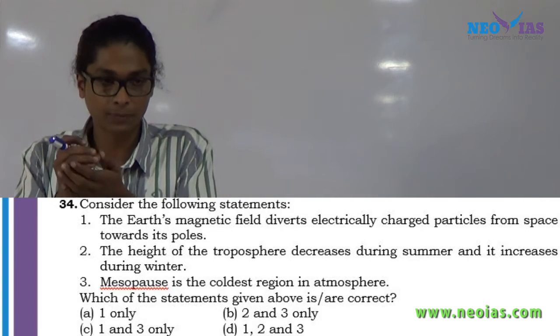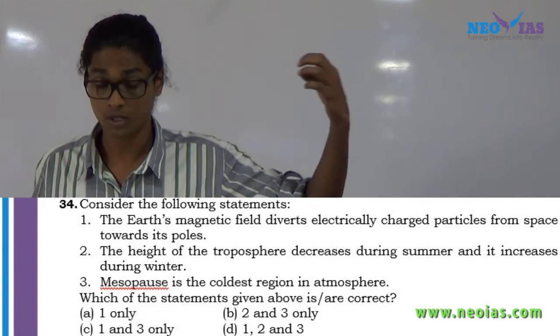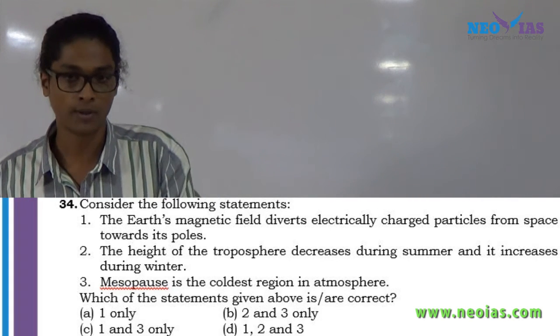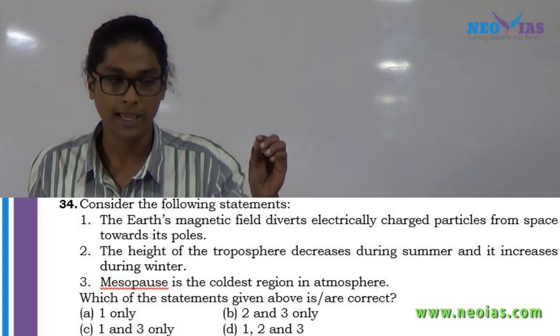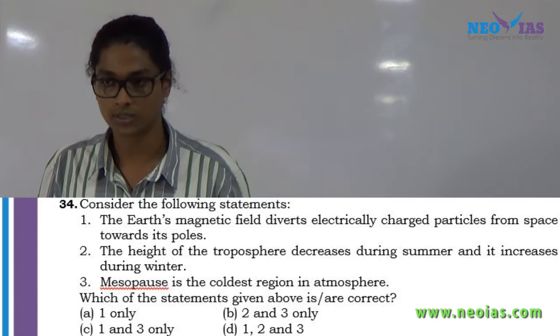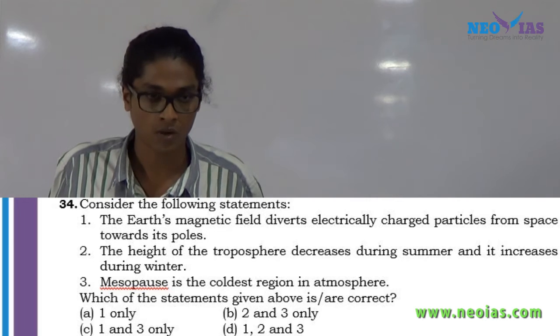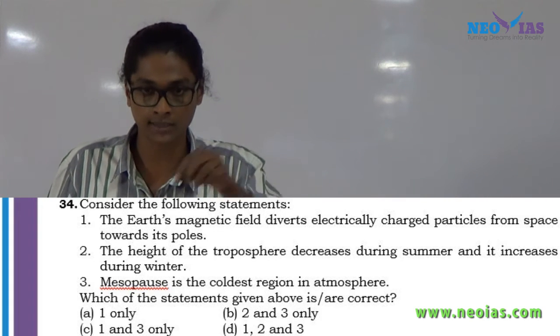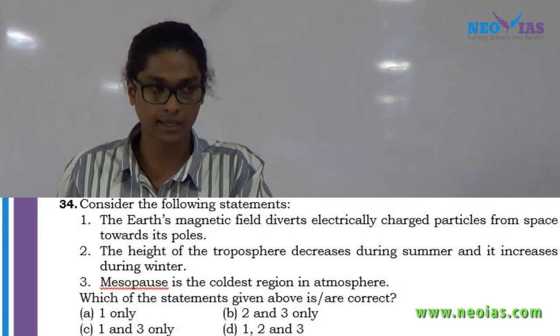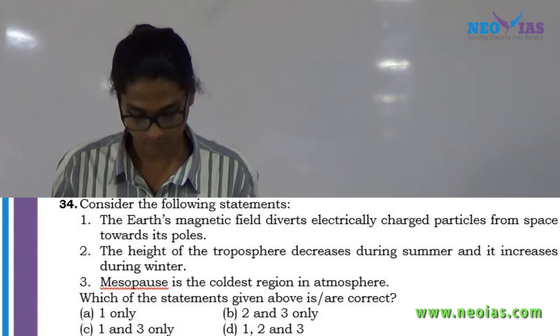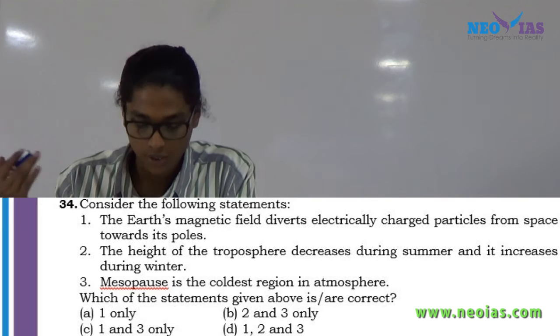It will divert these particles towards our poles, north pole as well as south pole, so that we will be having aurora at both these poles. We had discussed aurora, right? Northern lights and southern lights. One reason for the formation of aurora is this diversion of magnetically charged particles towards the poles of the Earth.